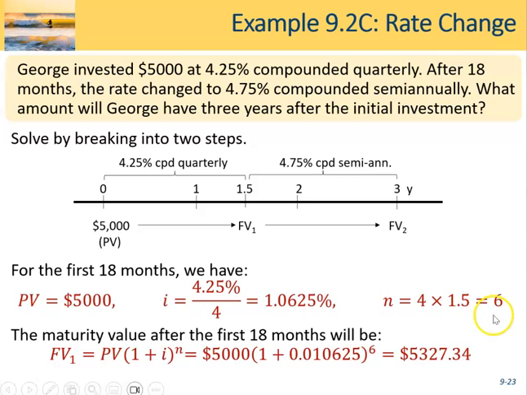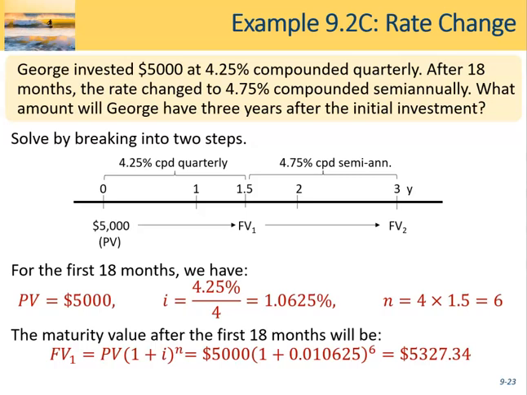So the future value after the first 18 months is going to be 1.010625, put that in as your Y, and then your 6 when you're using the IY button. Then we multiply that by our 5,000 to give us the future value after 18 months of $5,327.34.